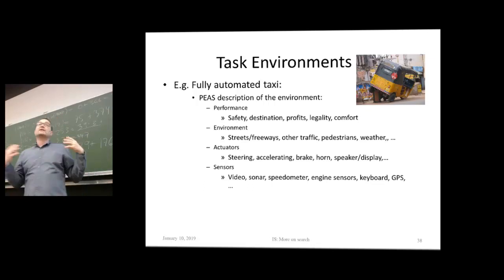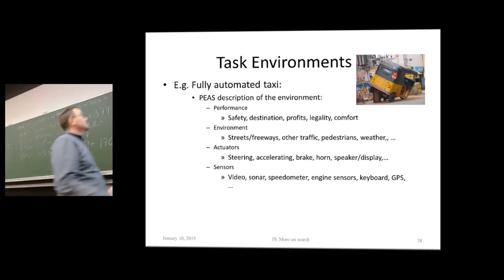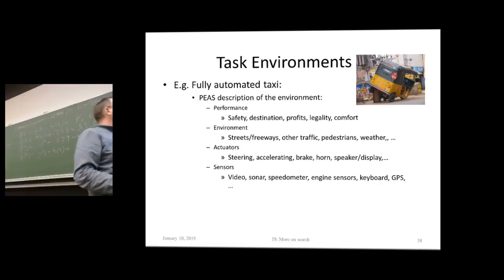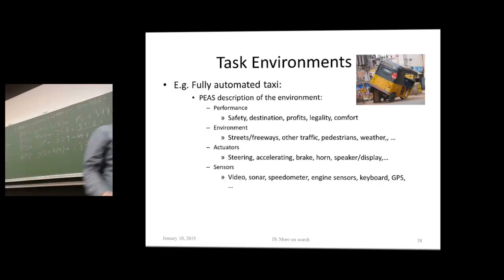But then I also need to understand very well what the environment is to operate in. And for such a car, it's obviously the streets, it depends on the weather, it depends on other pedestrians and so forth. What can you do? What sort of actuators do you have? You have a steering wheel, you have brakes, you have a horn, you have speakers and displays. And if you want to build an intelligent car, then you also have nowadays sonar, video, speedometer, engines, whatever, and GPS and so forth.